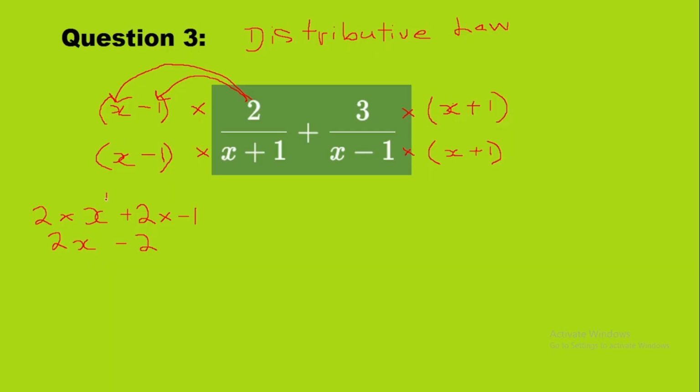So let's separate them so you can see properly. For this, we're going to have our numerator as 2x minus 2, all over.